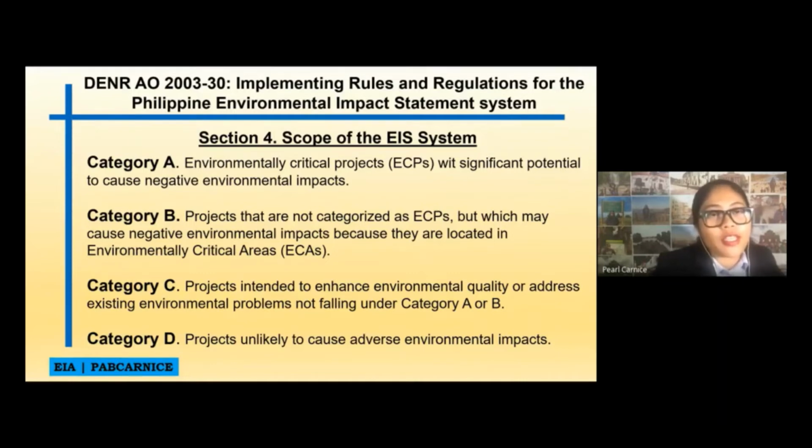B means ECAs, or Environmental Critical Areas. Category C is projects intended to enhance environmental quality or address existing environmental problems not falling under category A and B. And category D is projects unlikely to cause adverse environmental impacts.